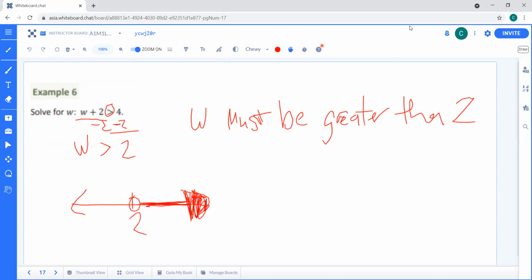Okay, and for the notation, it would have to be W for real numbers. W's got to be greater than 2. And there's your graph.